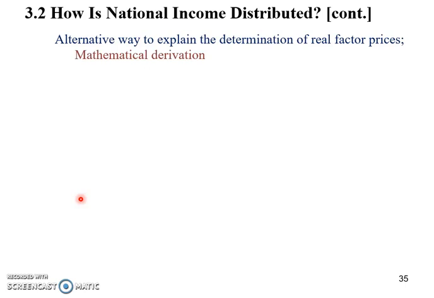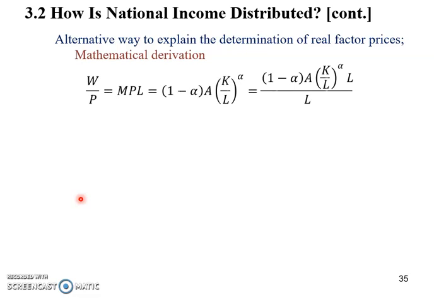Now again, let's start with the mathematical derivation. Here you find that the real wage equals MPL, marginal product of labor, which equals this. This part is what we already got from the previous discussion. But what's new here is a math trick.